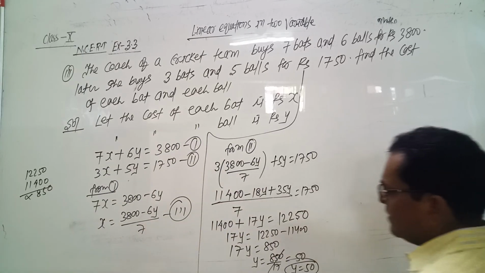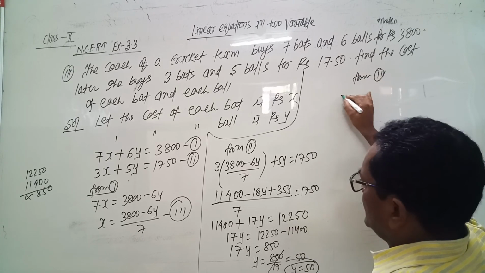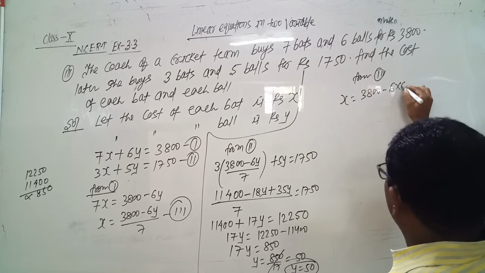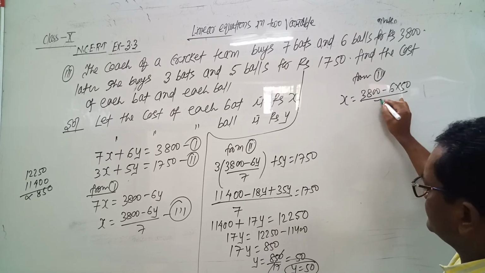Now put the value of y in third equation. So from third, x equals 3800 minus 6 into y, means 50, upon 7.